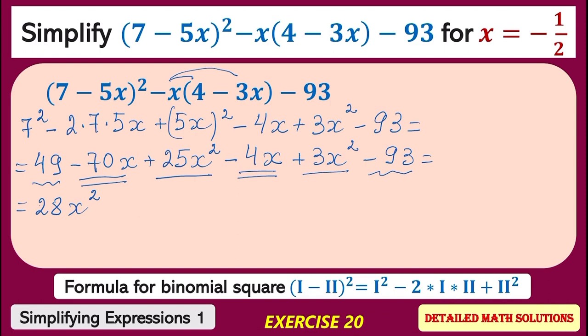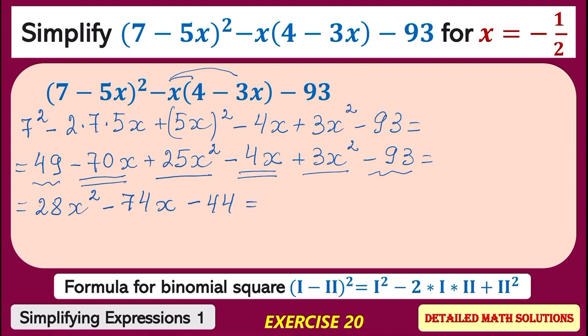Minus 70x minus 4x is minus 74x. And then I have 49 minus 93, which is minus 44.